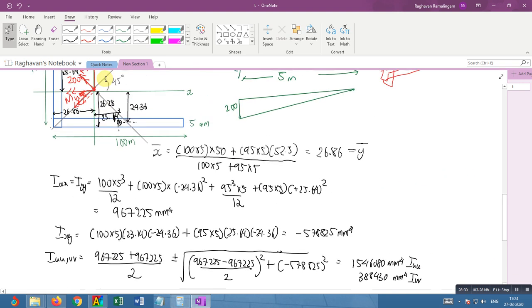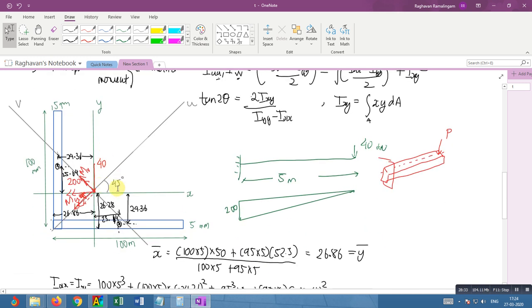And what you can be sure is, if you draw your x rightward, y upward, and if you rotate your axis by counterclockwise direction from x, then you can use these formulas for the transformation.